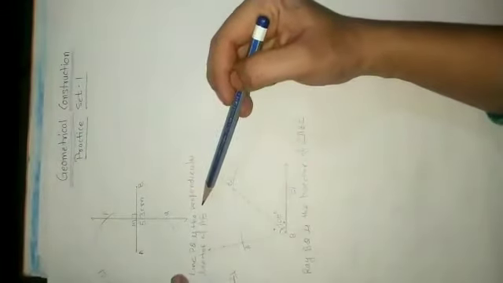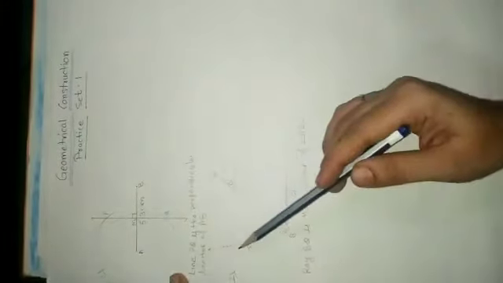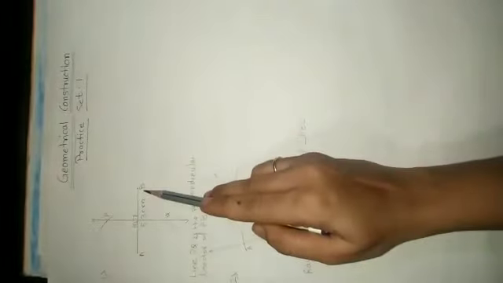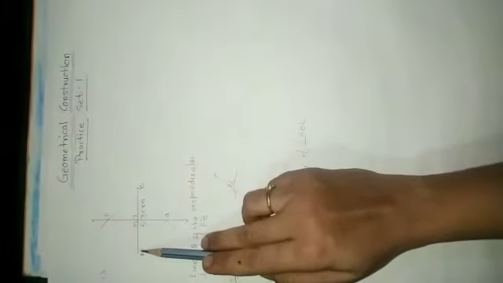Now this is the perpendicular bisector of AB and this is the angle bisector of ABC. Bisector means it divides into two equal parts. If this is 5.3 centimeter, then one part should be approximately 2.75. And if this angle is 105 degree, then it is approximately 52.5.